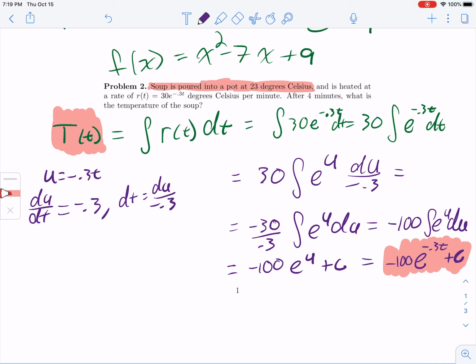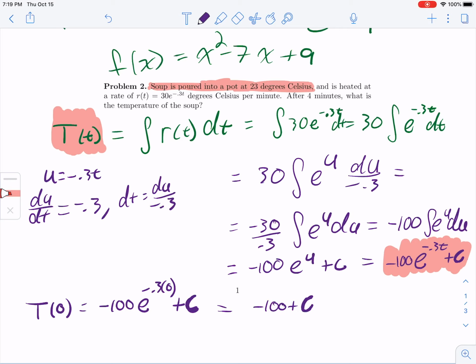So I'm going to have T of 0, our initial temperature, equal to negative 100 e to the negative 0.3 times 0 plus c. Negative 0.3 times 0 is 0. E to the 0 is 1, so this is negative 100 plus c.